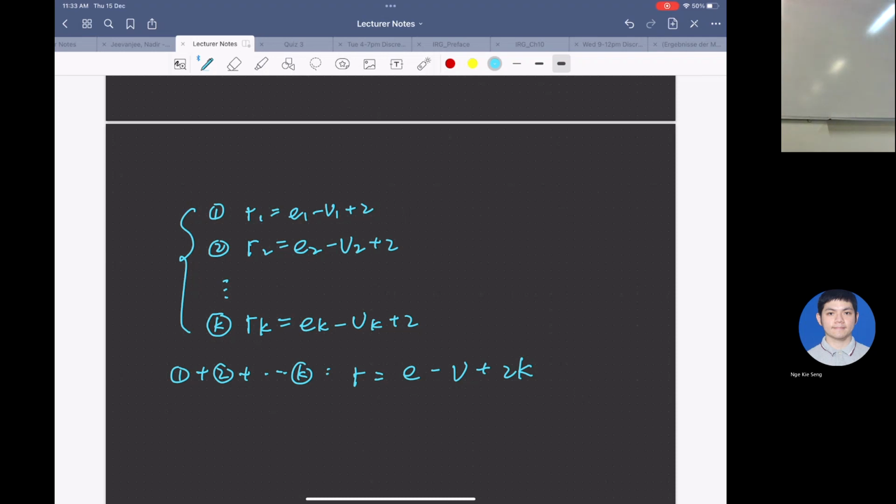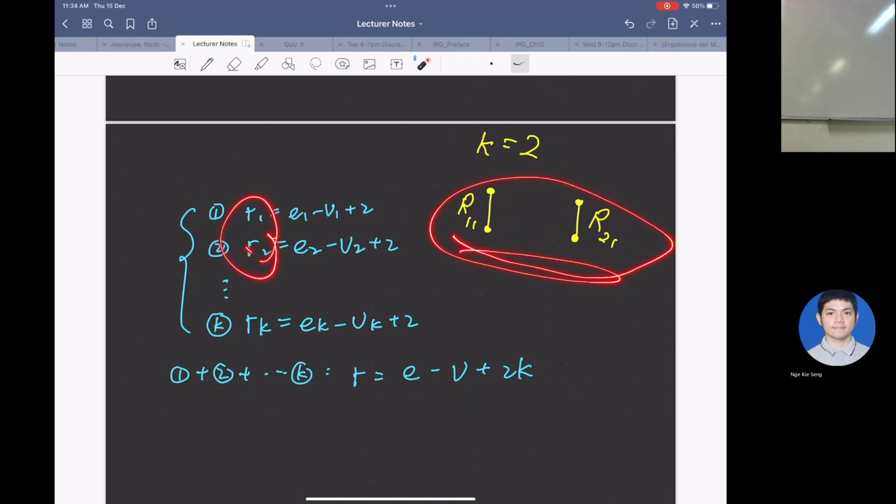Then what if k equals 2? If you got these two cases, the first one you have region 1. The second one you have region, maybe 1, so 1 and 1, because this one refers to the first one and this one refers to the second one. But when you add up the regions here, isn't it 2 regions? But when you look at the whole thing, you only have 1 region.